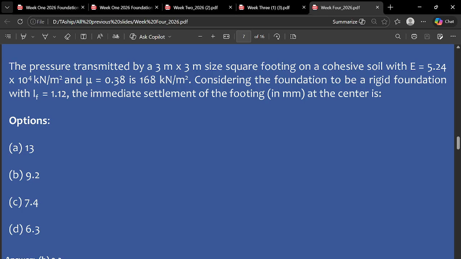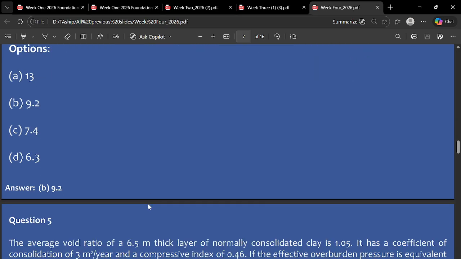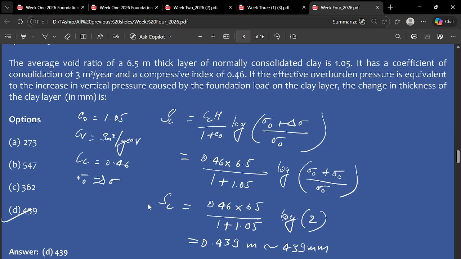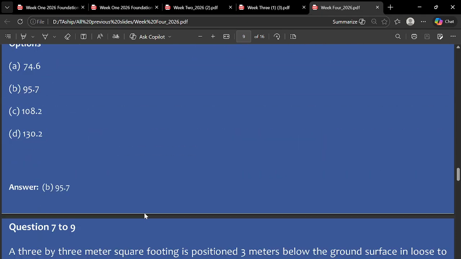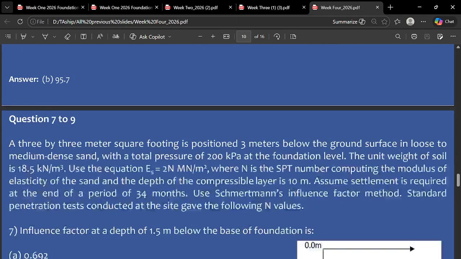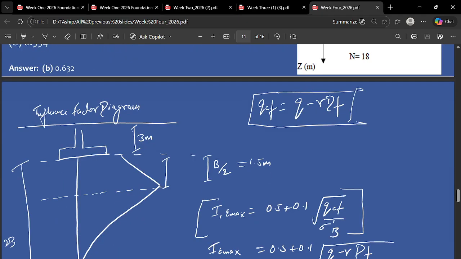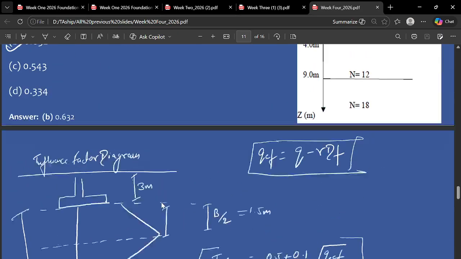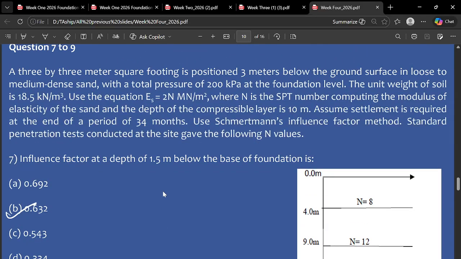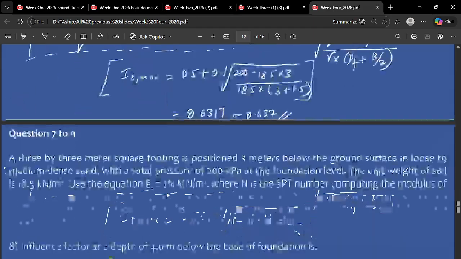Then you can also calculate the immediate settlement as well. Then this is the consolidation settlement. You can take into account the influence vector diagram for calculation of the immediate settlement.